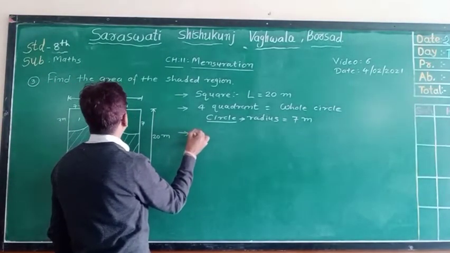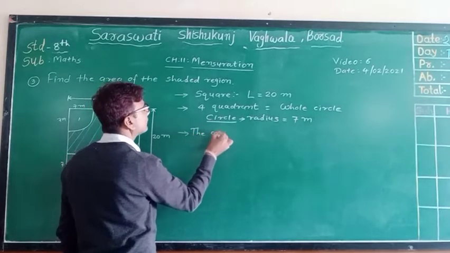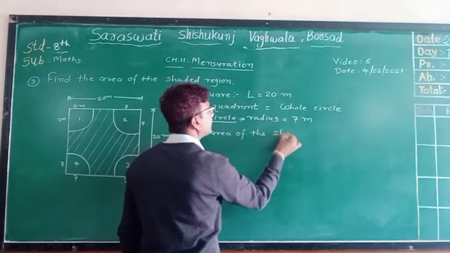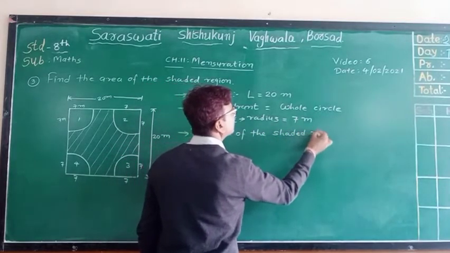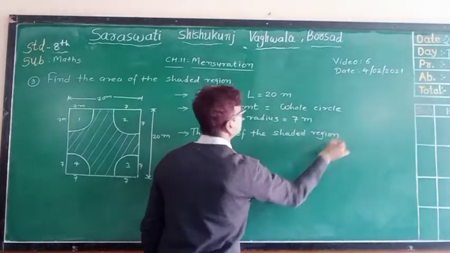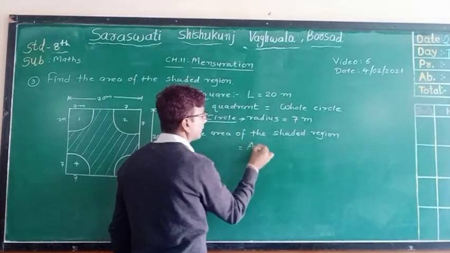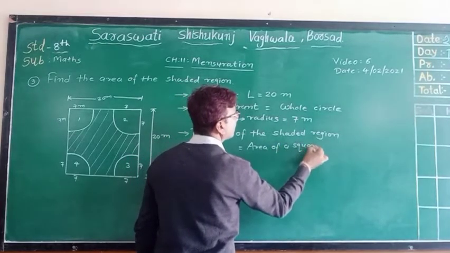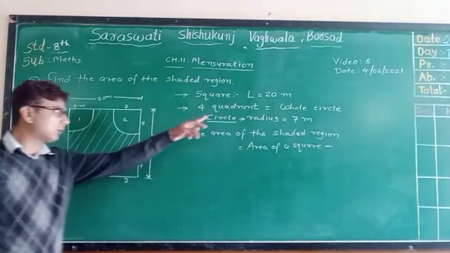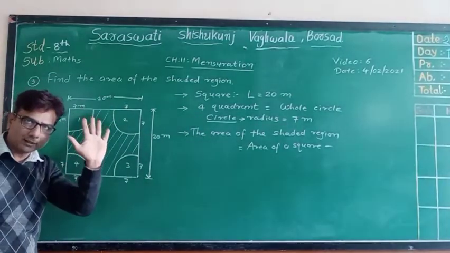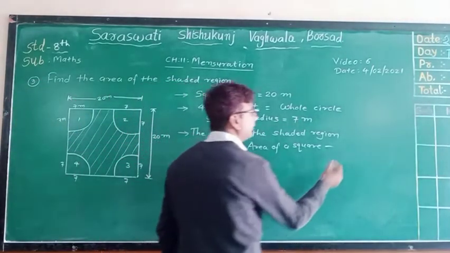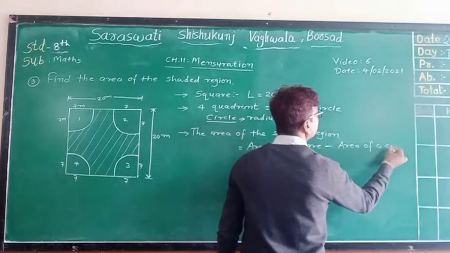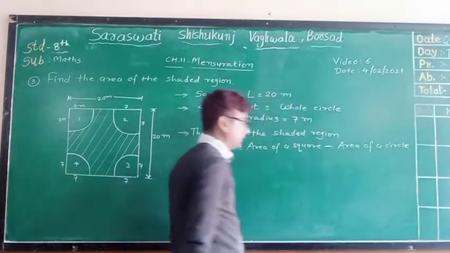So therefore the area of the shaded region is equal to area of a square minus 4 quadrants. 4 quadrants mean the whole circle. So I can write here area of a circle. Is it clear?